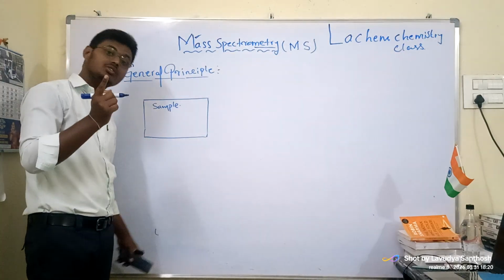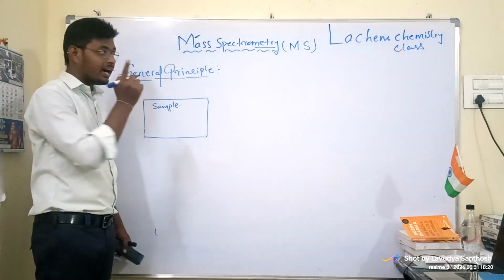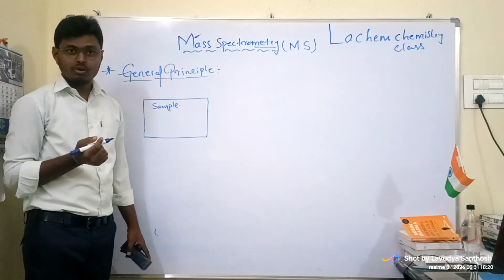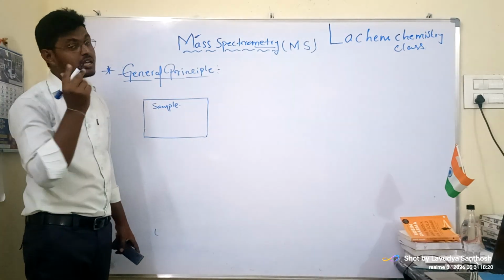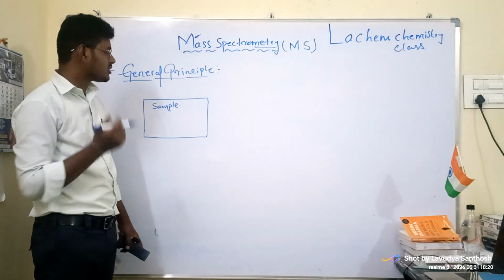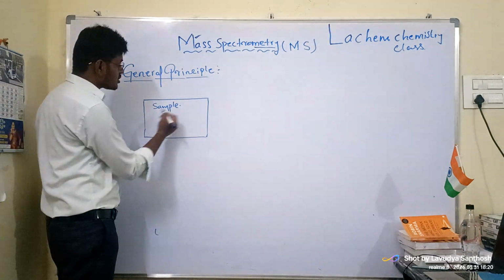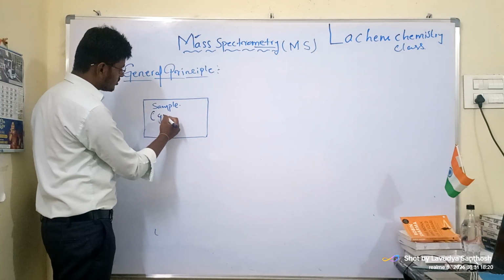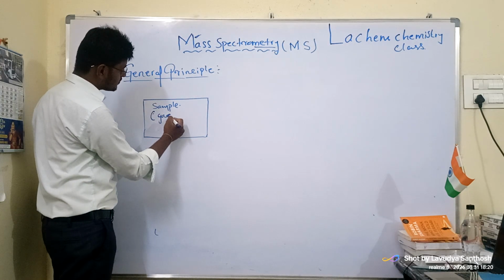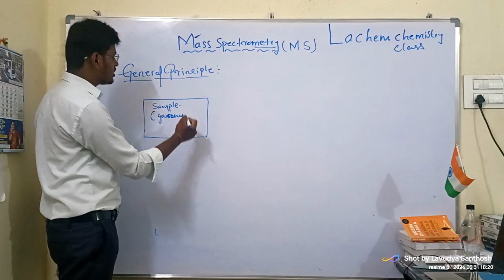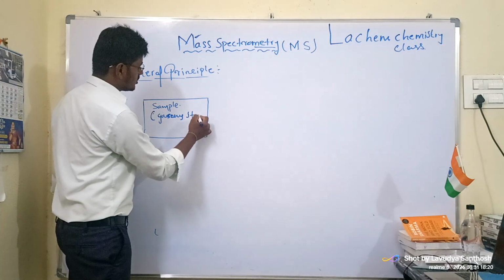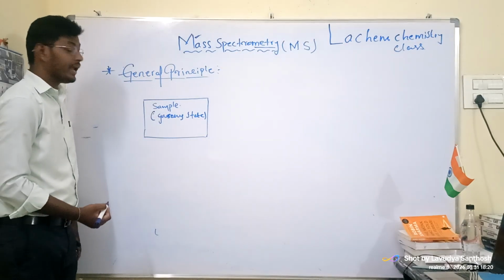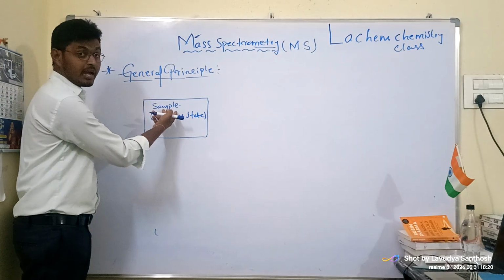You must convert it into the gaseous state before bringing it to the chamber of the spectrometer. That is very important, and this is also a question of DL. Sample, you write here: gaseous state.